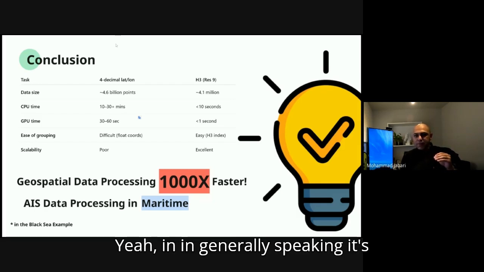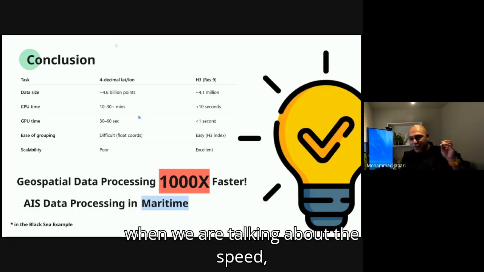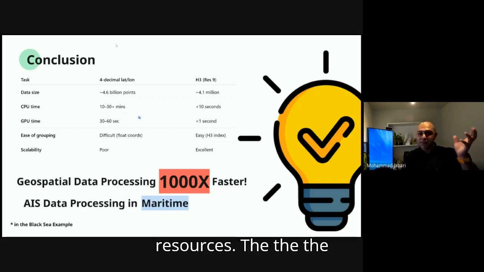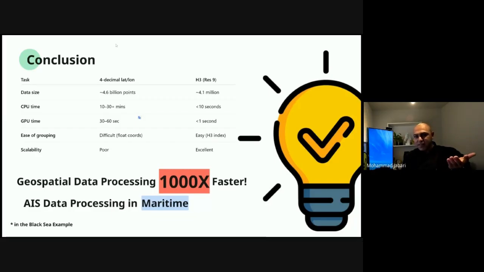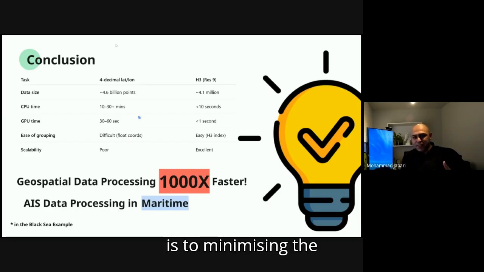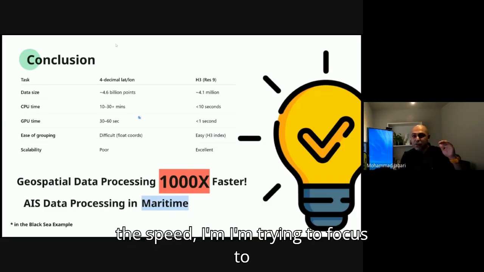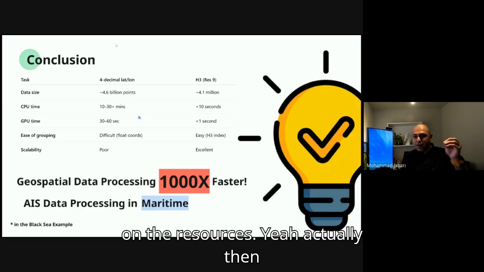In general, when we are talking about the speed, actually we are talking about the resources. The first vision and mission of each company is to minimize the resource usage. In these cases, I'm trying to focus not only on the speed but on the resources.